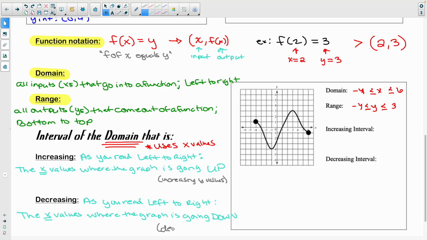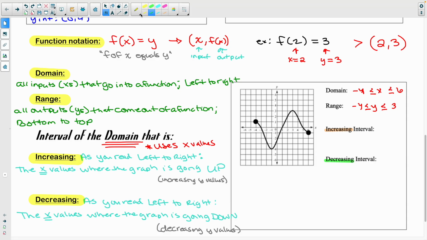So it is decreasing y values. So we can think of increasing and decreasing as a roller coaster. So if I come over to this graph, I want to have my increasing intervals in orange, and I'll have my decreasing interval in green. So I'm going to do two different colors so I can distinguish between them.